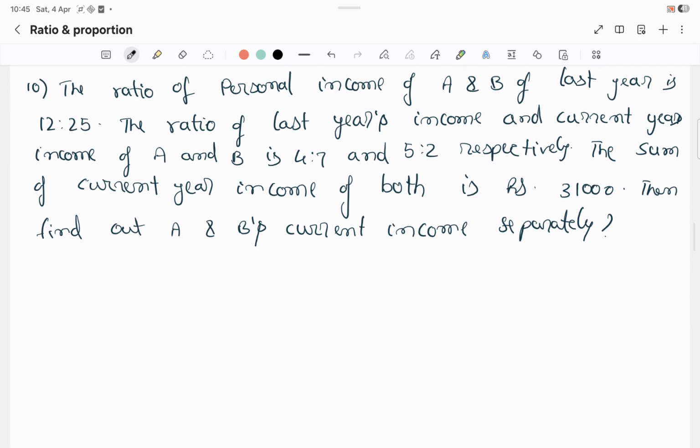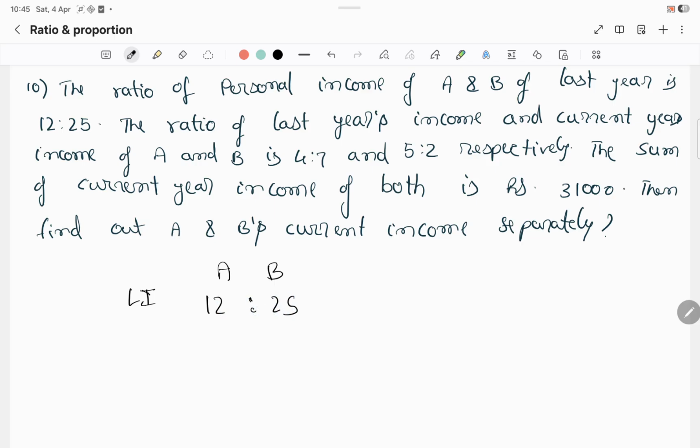The ratio of personal income of A and B of last year is 12 is to 25.